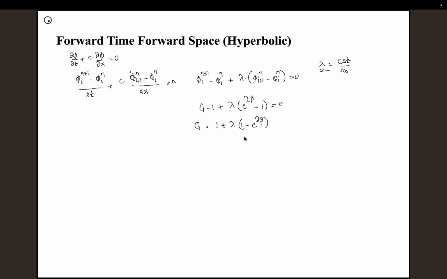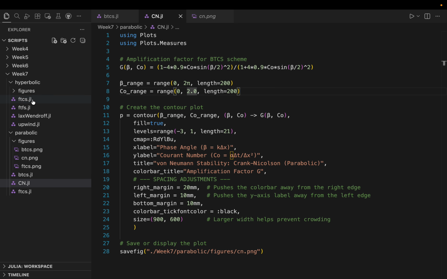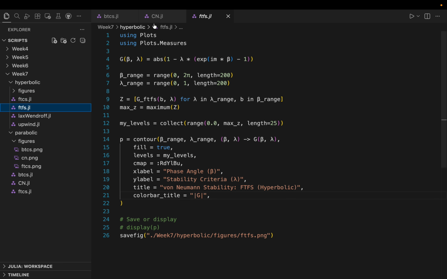And we have to verify what value of lambda makes modulus of g less than or equal to 1. Just like what we did until now, we can do the same here. We write the amplification factor as modulus of 1 minus lambda times (e power i beta minus 1), where i is the square root of minus 1 in Julia.